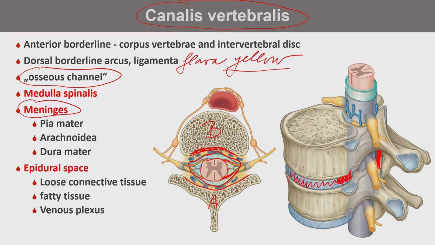From middle to periphery we can distinguish some meninges which are called soft or leptomeninges. Those are two, pia mater and arachnoidea, so it is a leptomeningeal coverage, and one is dura, which is called also pachymeninx.